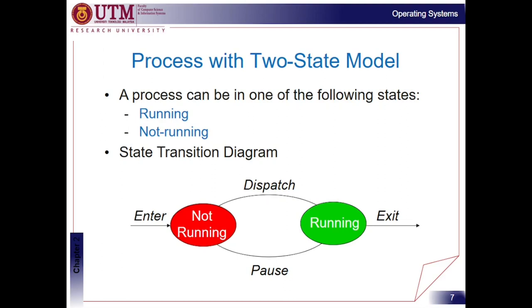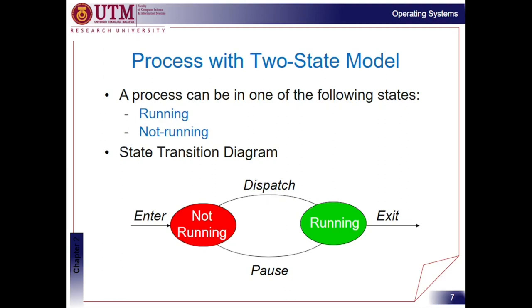This means that the CPU stops executing a running process and puts it in the not running state, which can happen for various reasons, such as when the process needs to wait for some input or output operation, or when the CPU needs to switch to another process, or when the process is interrupted by a signal.